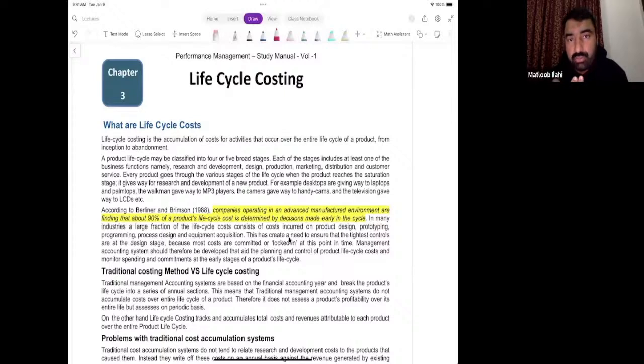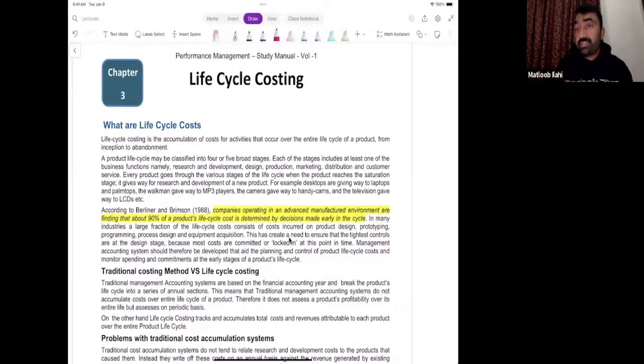How does that connection work? One thing that you have just studied is that target costing is used at the design and development stage of the product. When a product is being developed, when we are researching a product, we use target costing at that stage.